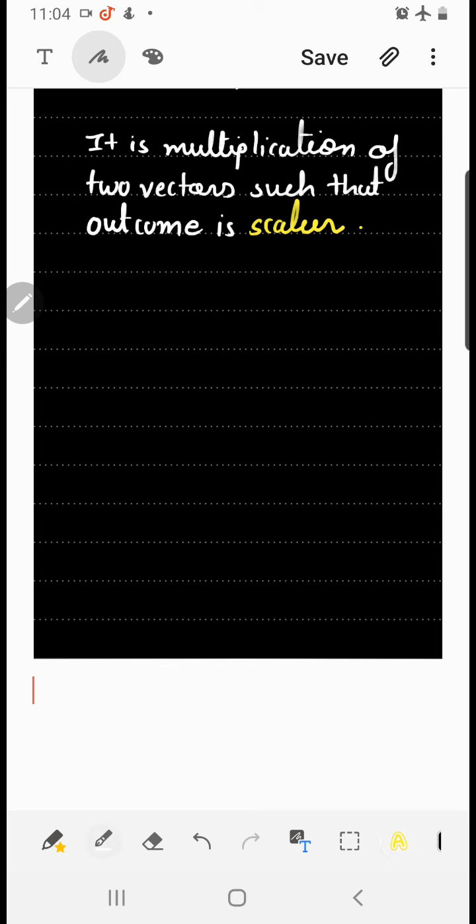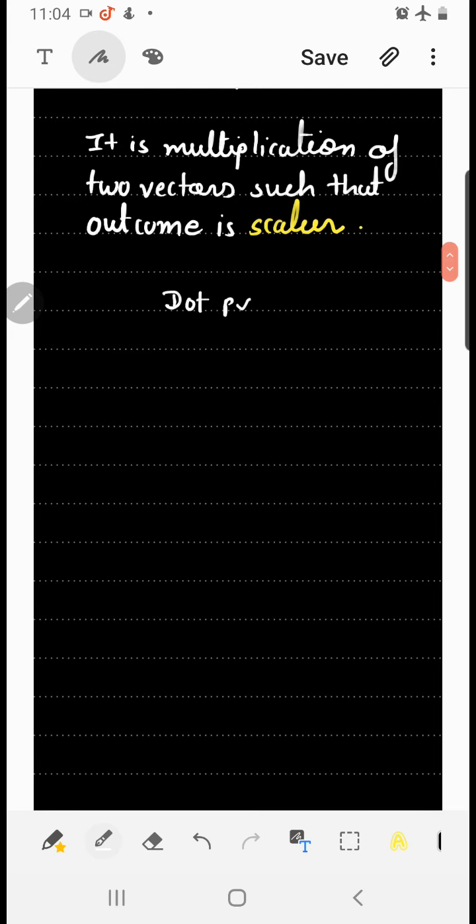Now as I always said, any type of vector we divide into two parts. One is theoretical concept and the other one is calculative concept. So we will divide dot product into two parts.